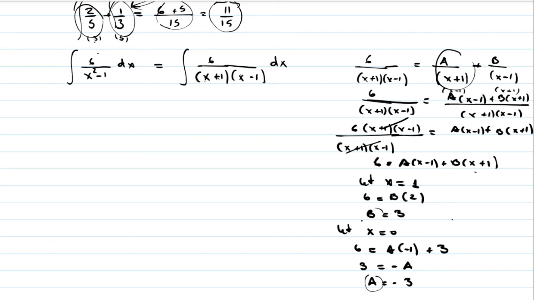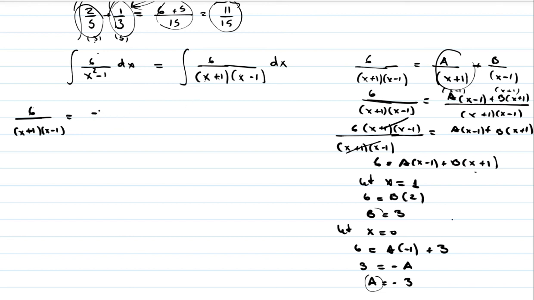So what is the next thing that we have to do? The next thing to do is we have to replace these values in this given expression here. So what we're going to have here is the expression 6 divided by (x plus 1)(x minus 1) is equal to, what is a?